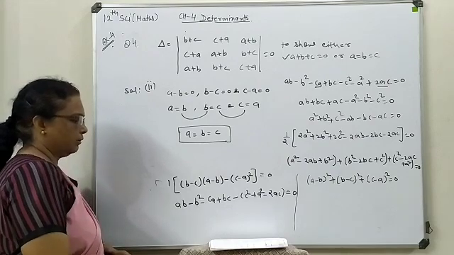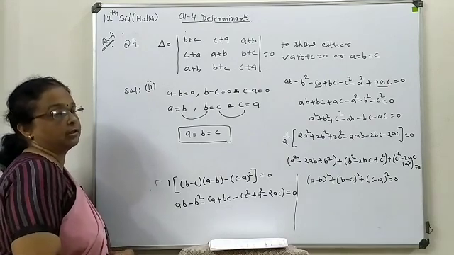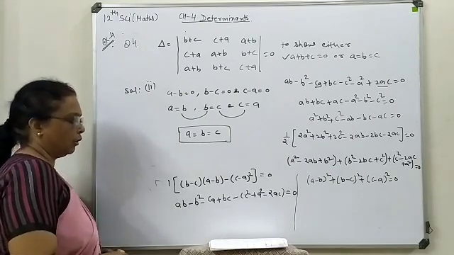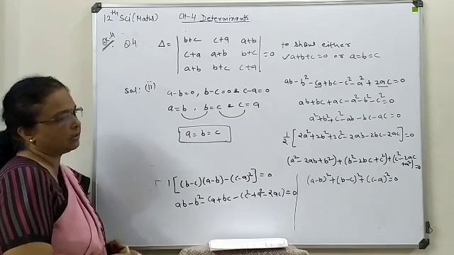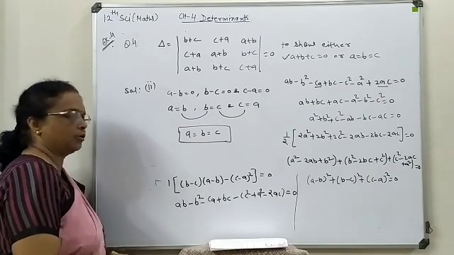Next we are going to attend the solution of a given determinant, meaning evaluation of x for a given determinant form. That is question number 5.